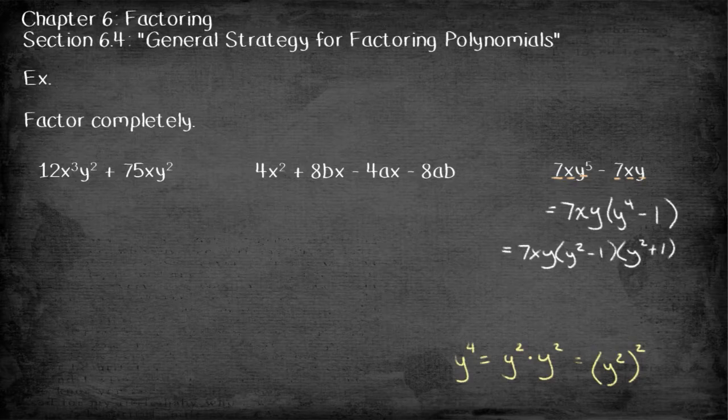And you guessed it, that first factor, y squared minus 1, is another difference of squares. And that y squared plus 1 is not going to factor. So here we have our final answer.